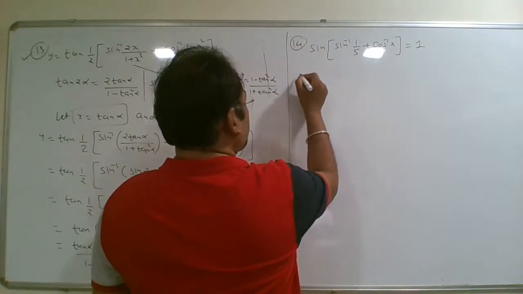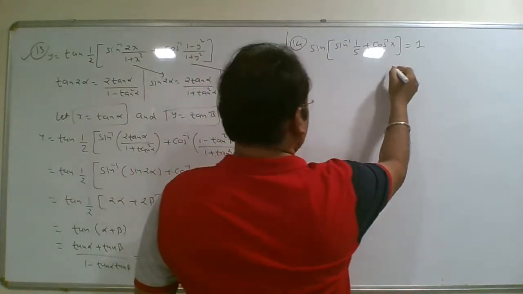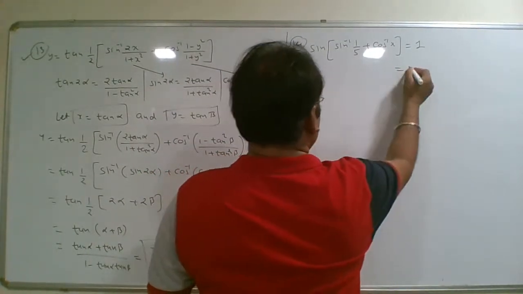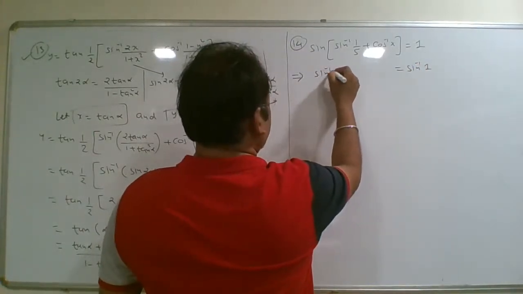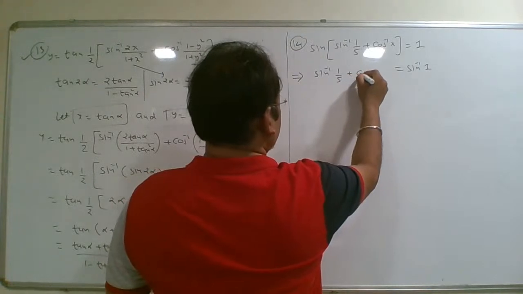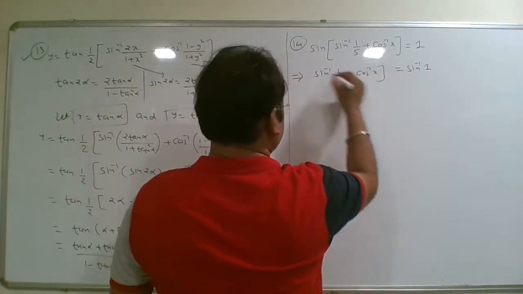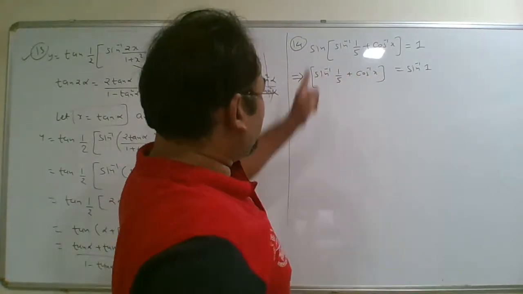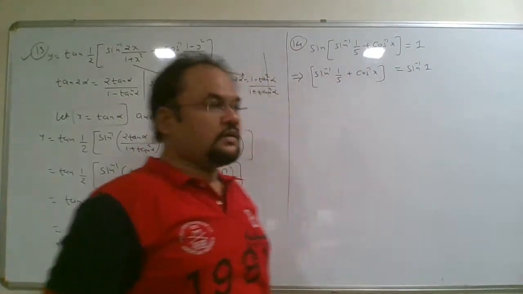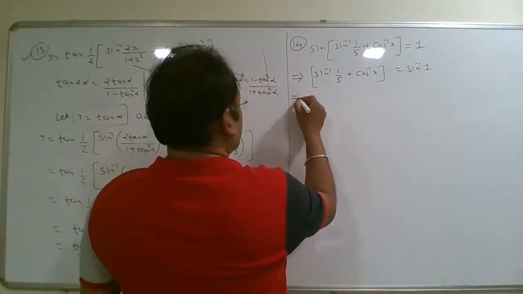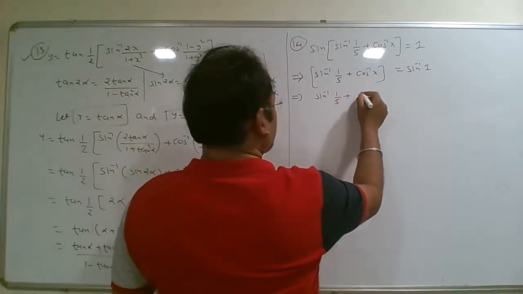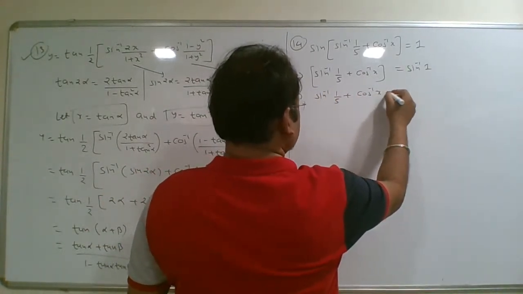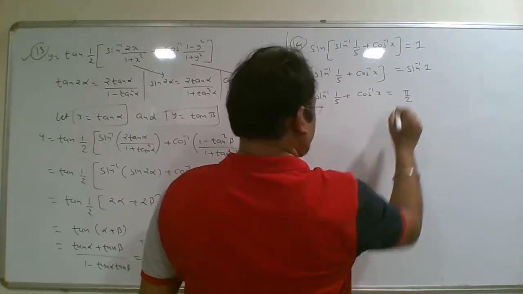Okay, now the method. Take the sine to the other side. So which is equal to what? It is sine inverse 1. Applying sine inverse on both sides, sine inverse 1 by 5 plus cos inverse x equal to pi by 2.